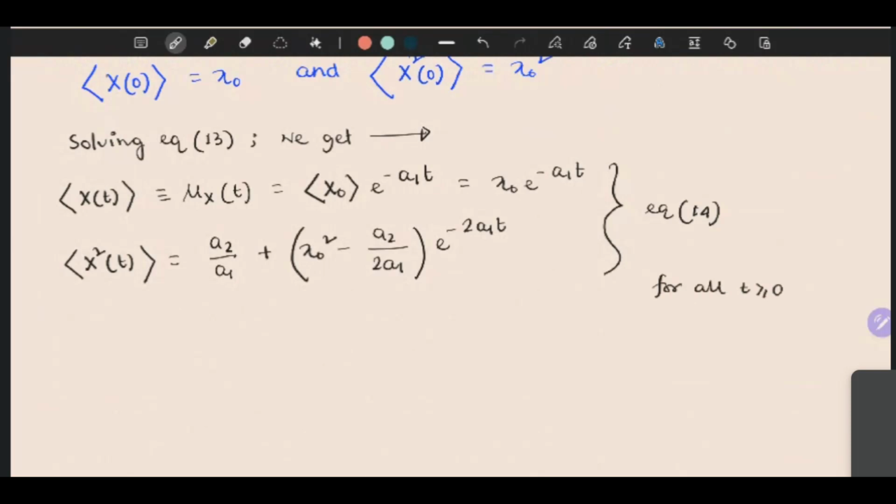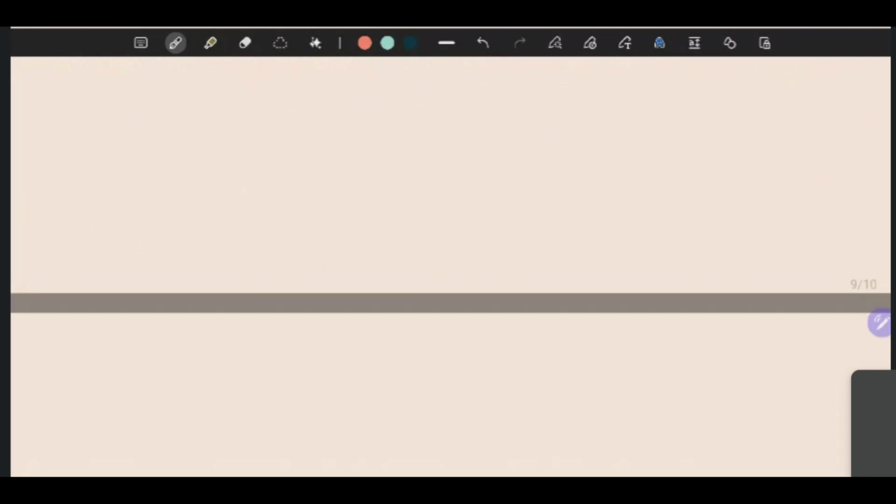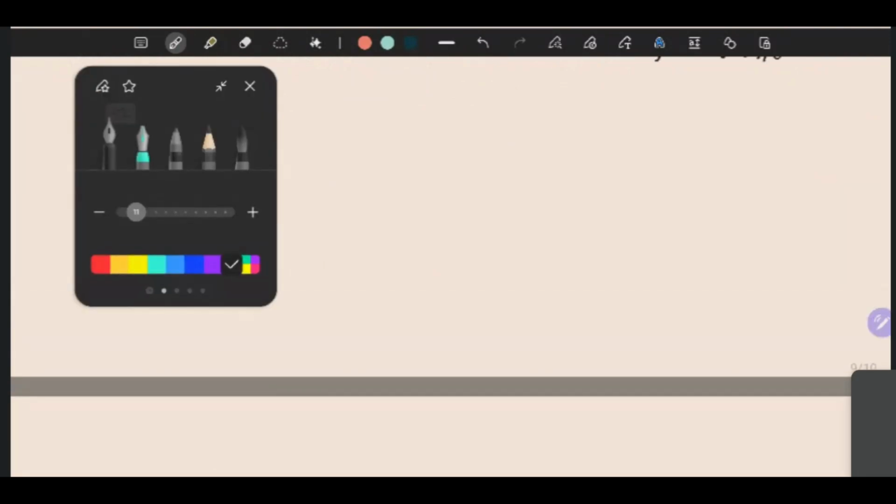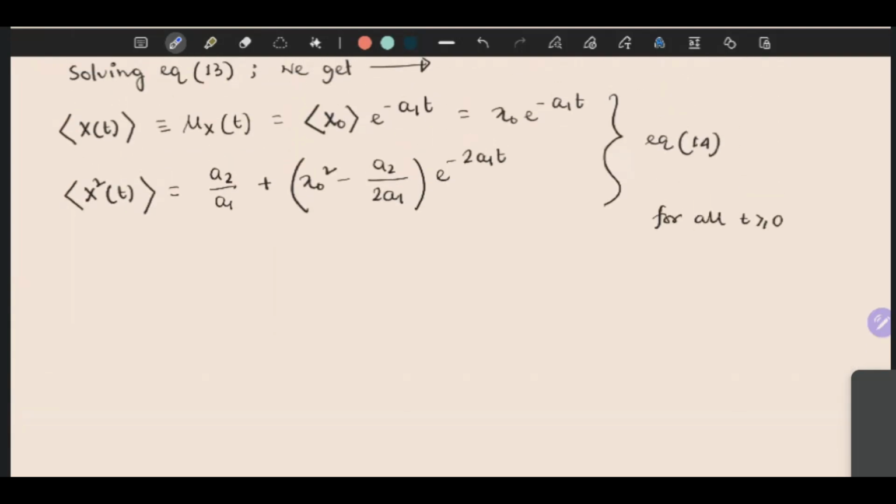So now basically you get this, and if you solve it for, now let's calculate the variance.